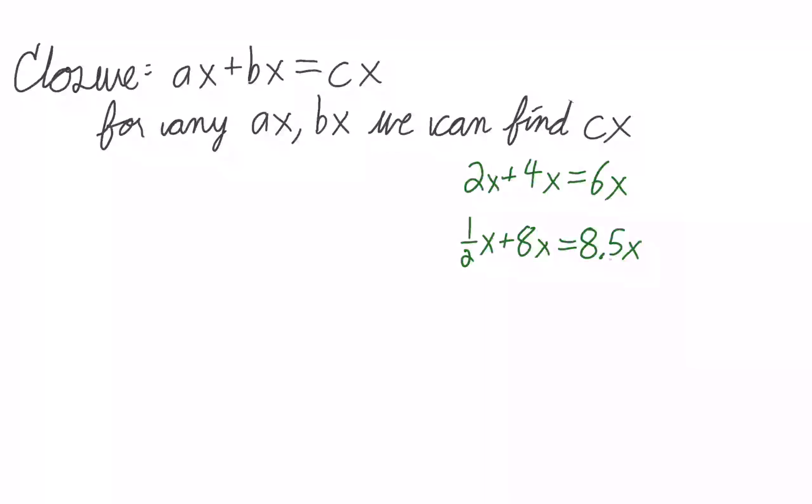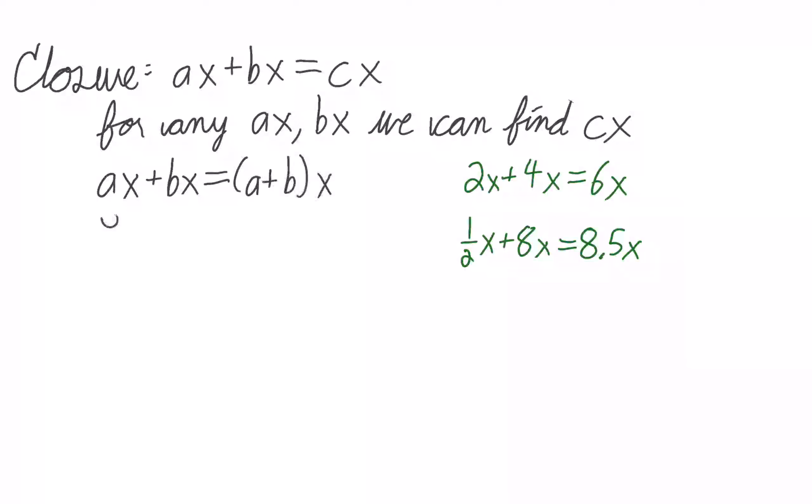And the way we came up with these examples gives us a formula to help us find cx so that it'll work how we want to and give us the results we need. So here's what I'm going to do. We have ax plus bx, and the way we do that in ordinary algebra is by combining the like terms. So we have a plus b times x.